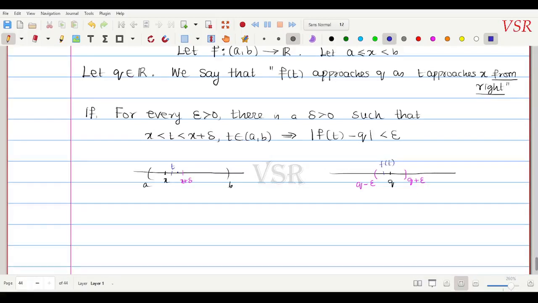Suppose you take an element u inside this, then f of u will be here, this is f of u. Are you getting? So this is a function f. We are bothering only about this open interval. If t is in between, then f of t will lie in the neighborhood of q. Is it okay?